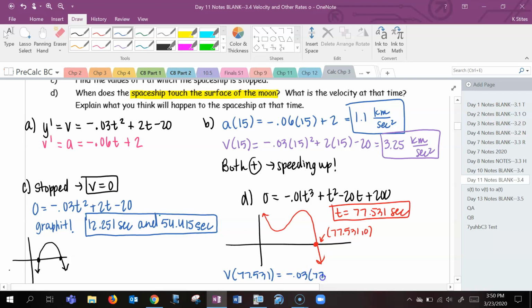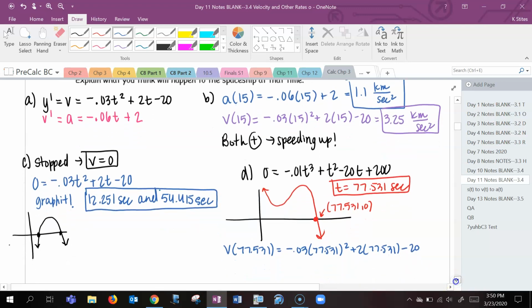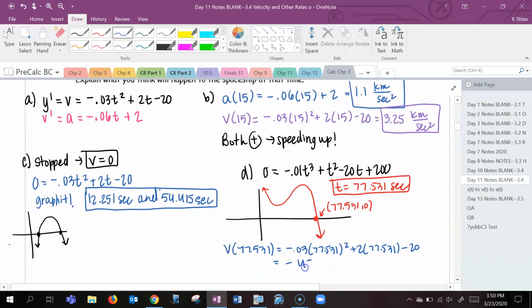So I just plugged my 77.531 into my velocity equation. And I got out a negative 45.270 kilometers per second. So that's how fast Melissa is going when her rocket touches down on the moon.